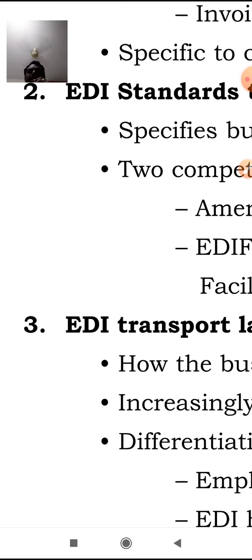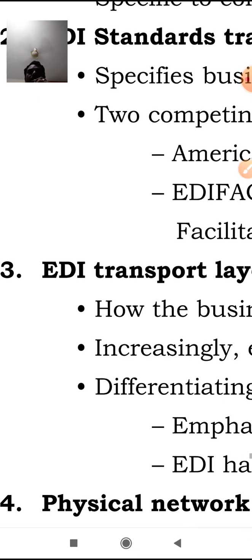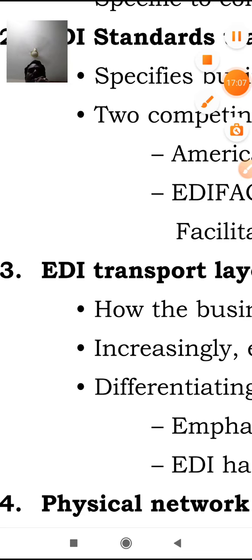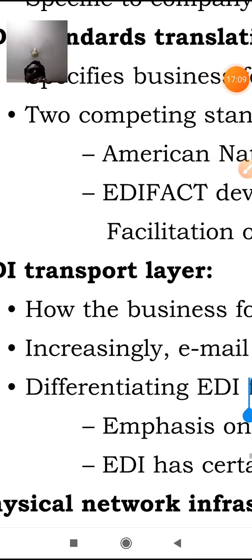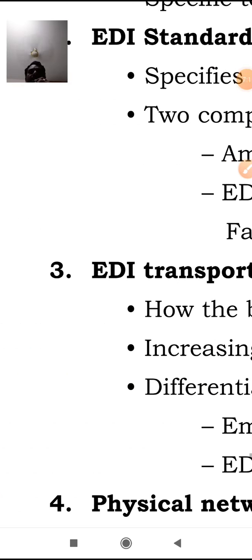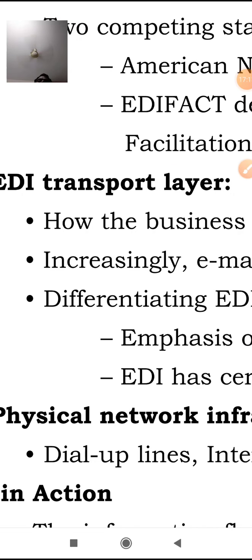Like that the second layer works, and then the third layer is the EDI transport layer. The EDI transport layer is mainly used to transfer the information from one end to the other end, with the help of many mechanisms.